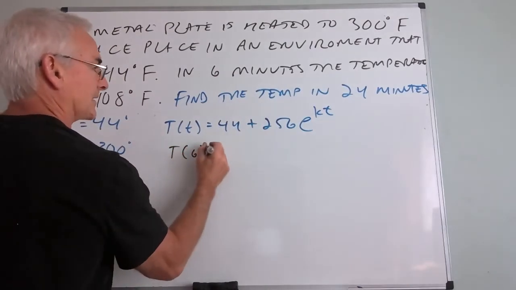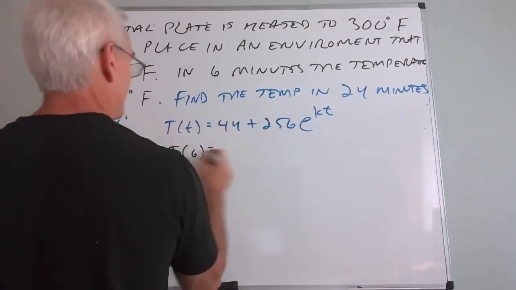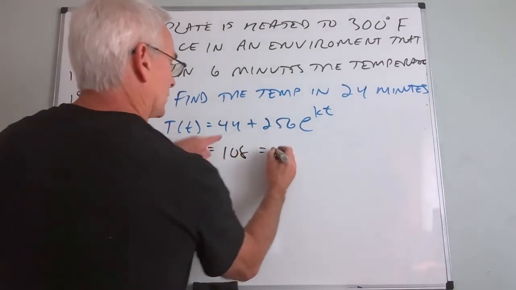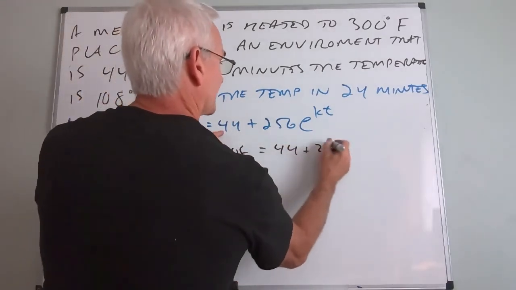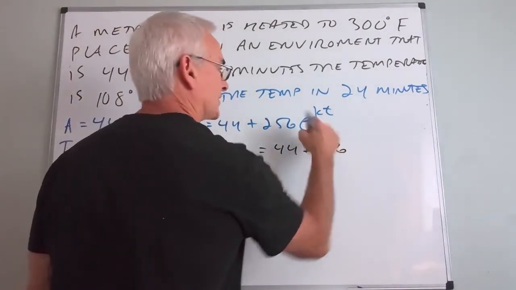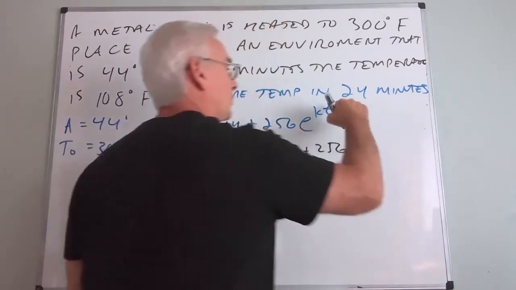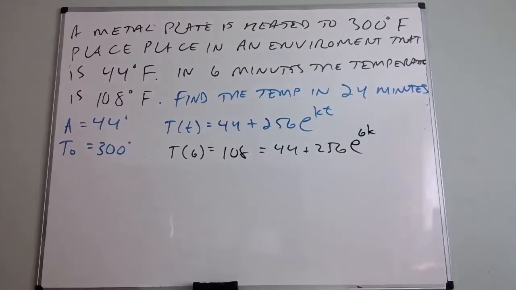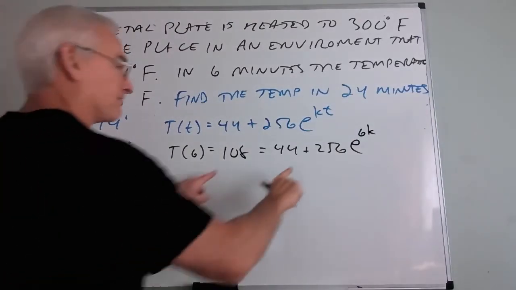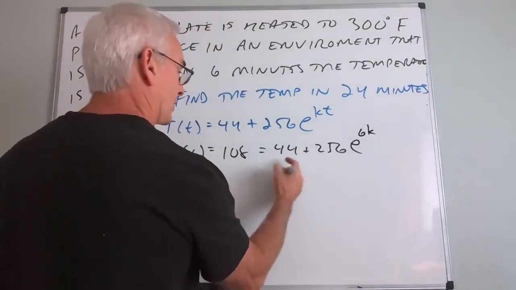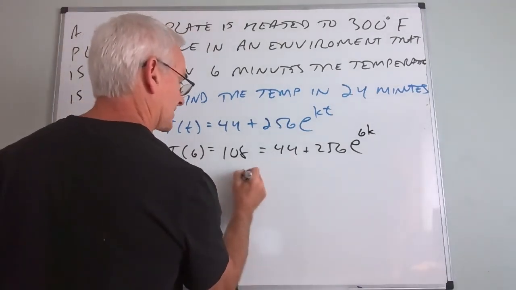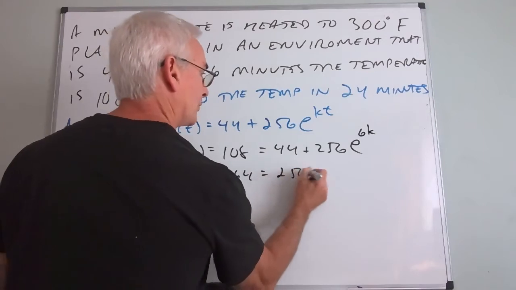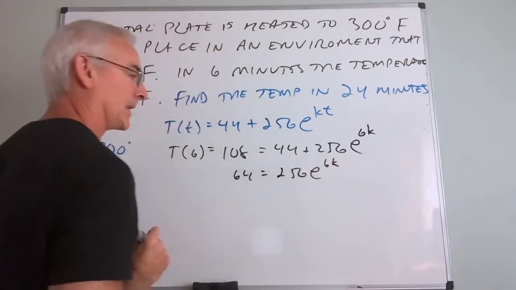So T(6), which is 108, is equal to 44 plus 256 e^(6k), because I replaced t with 6. I now can easily solve for k. If I subtract 44 from both sides, I have 64 equals 256 e^(6k).